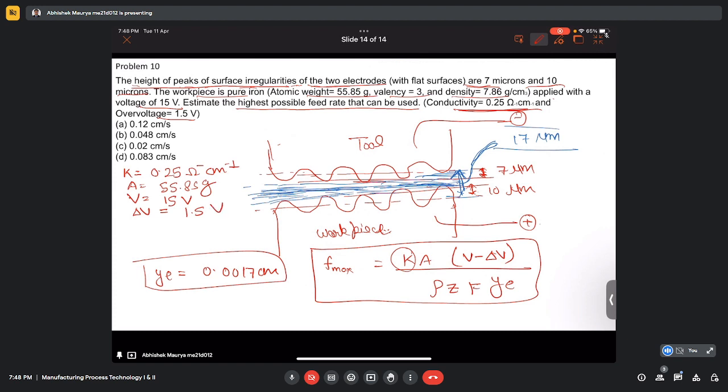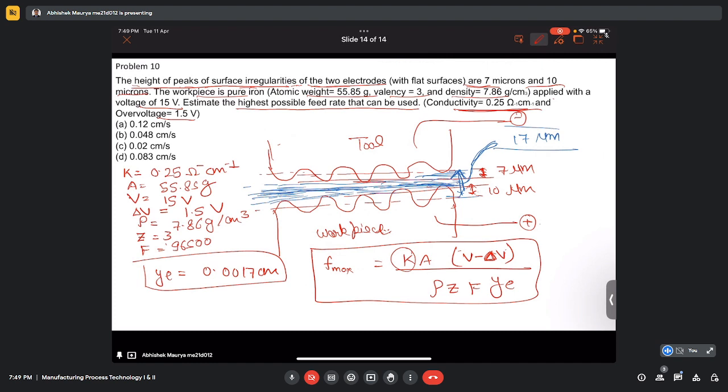Although our battery is providing 15 volts, the actual voltage available for machining will be 15 minus the over voltage value. Density is 7.86 gram per centimeter cube, valency is 3, and Faraday's constant is 96,500.